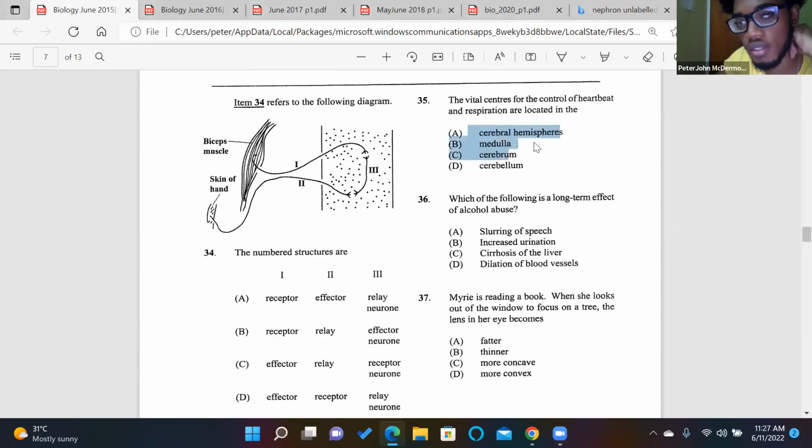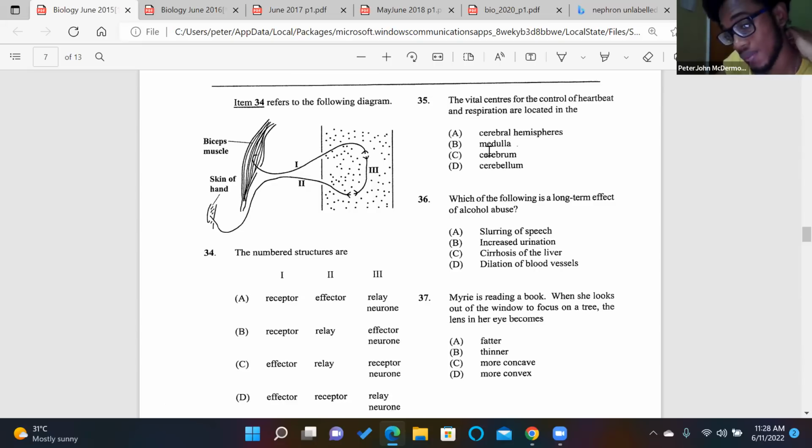Cerebral hemispheres and cerebrum are the same thing, pretty much. Not really the same thing, but just think they're the same thing. So it can be A and C. Cerebellum is not concerned with heartbeat or respiration. Cerebellum is concerned with movement and balance, right?